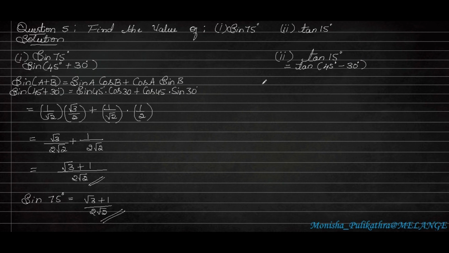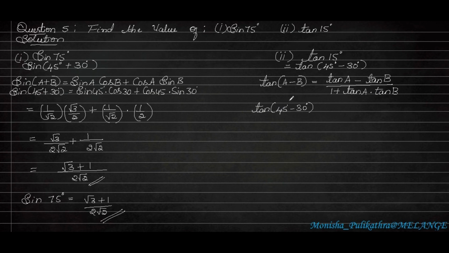So again there is one more formula for this: tan of A minus B is equal to tan A minus tan B whole divided by 1 plus tan A into tan B. Here, instead of A minus B, we have to substitute 45 degree minus 30 degree.